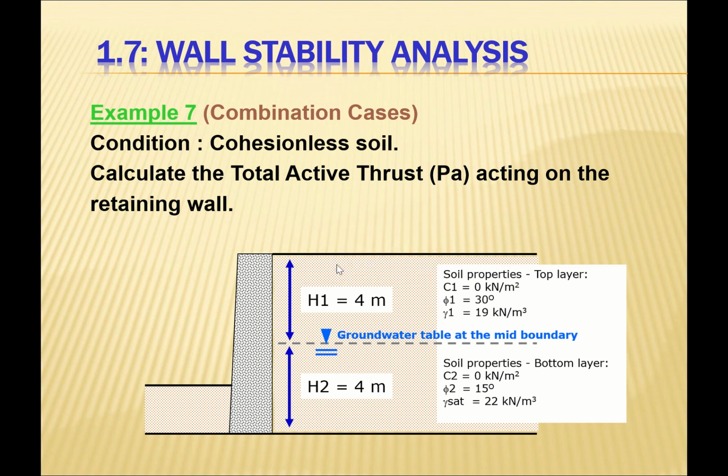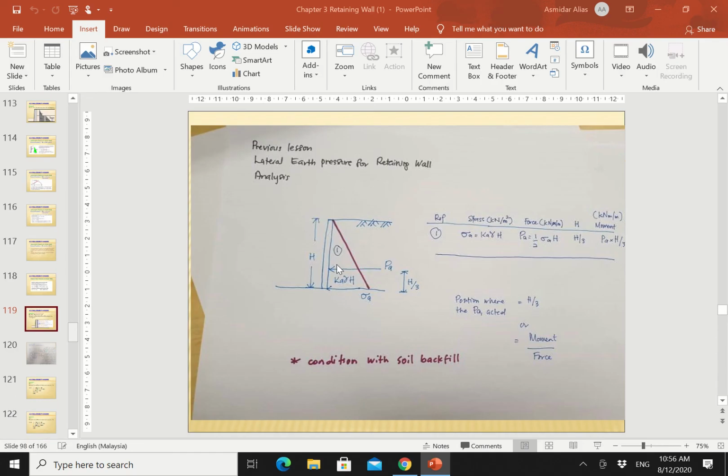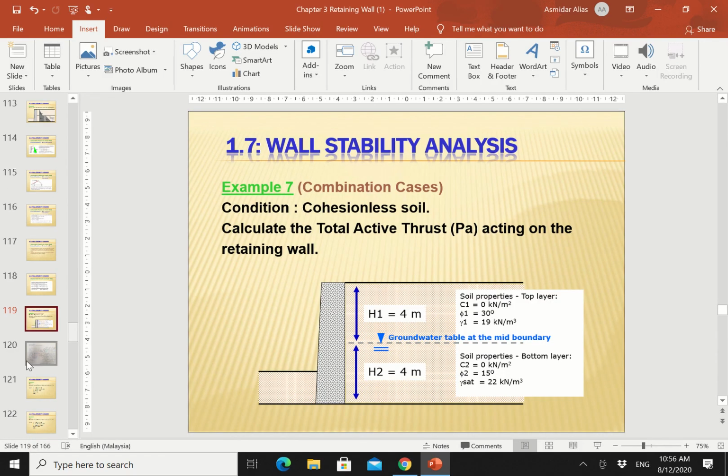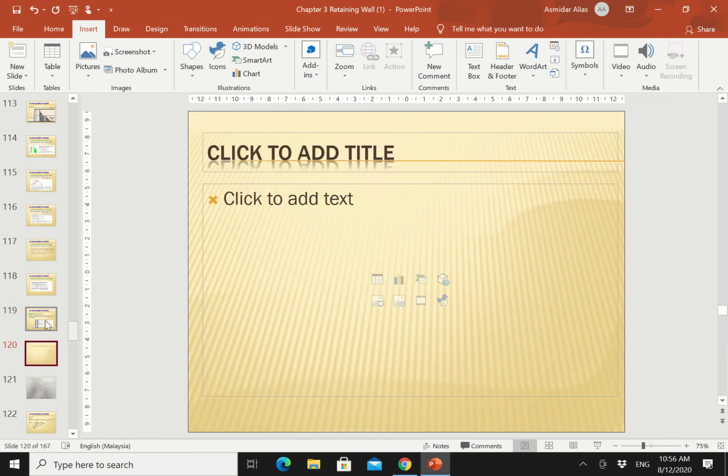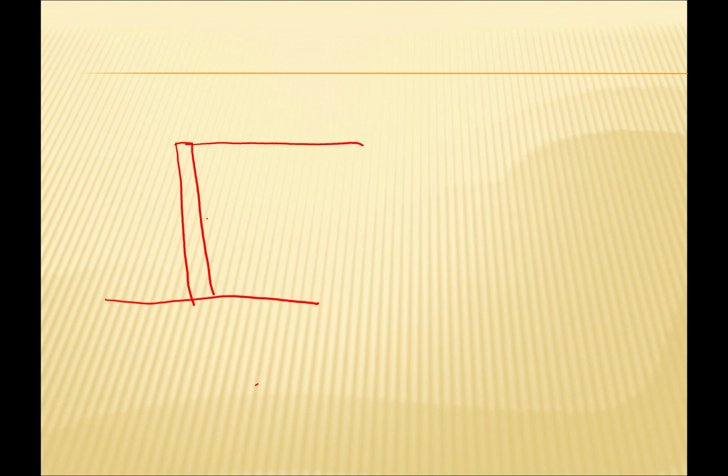And of course, before you calculate, the best way to do this is to redraw the diagram first. Let's see if we can do this before we look at the actual calculation. So what you need to do is to have this retaining wall, and then we have this double layer, and at the mid we have the groundwater table.